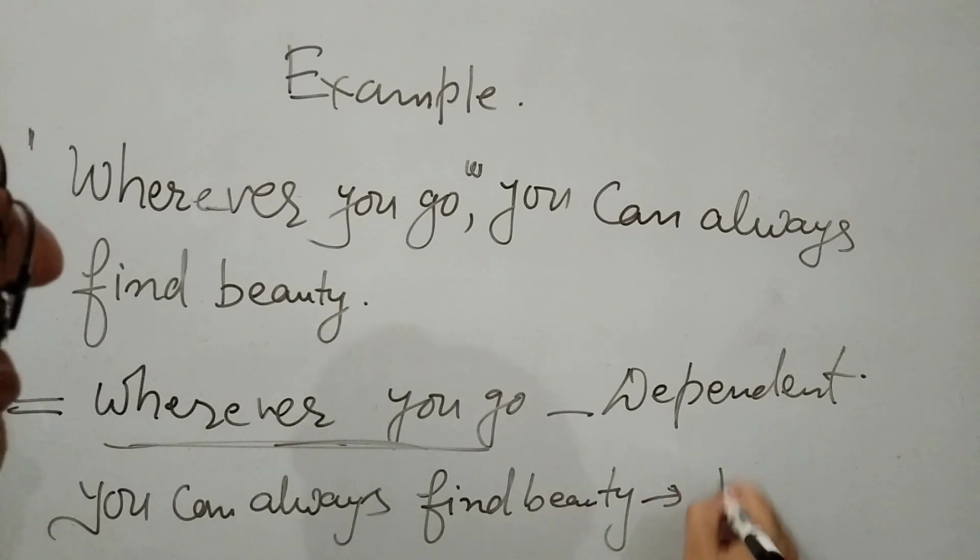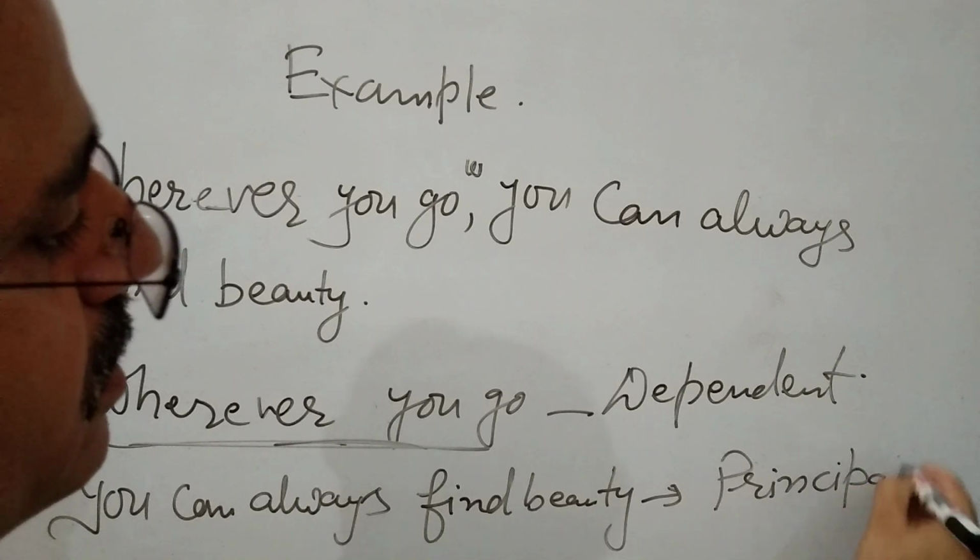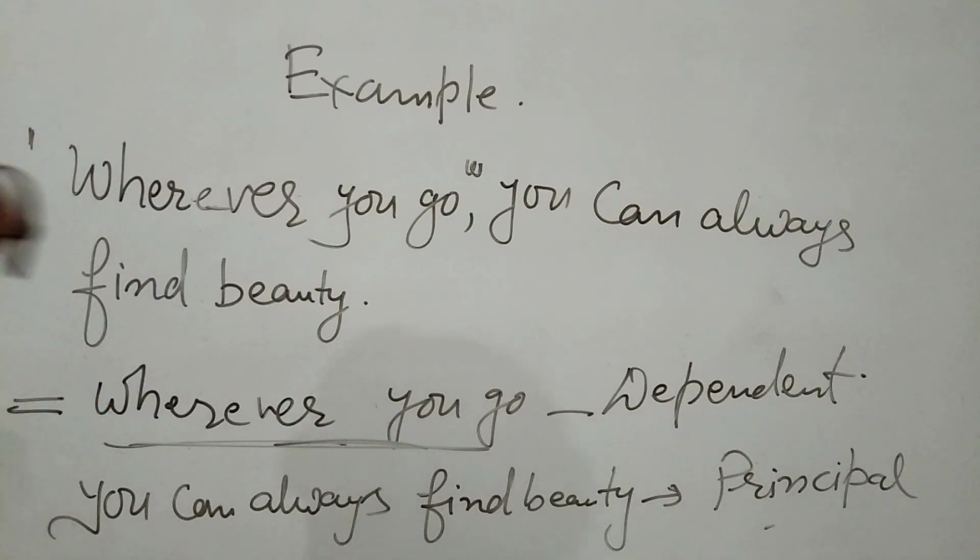So this is the principal clause, or we can say independent clause. Independent clauses are principal clauses which give us complete sense, complete meaning. The dependent part is incomplete and you want to know what happens next. So that is our dependent clause.